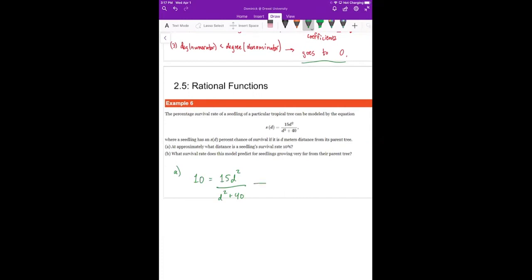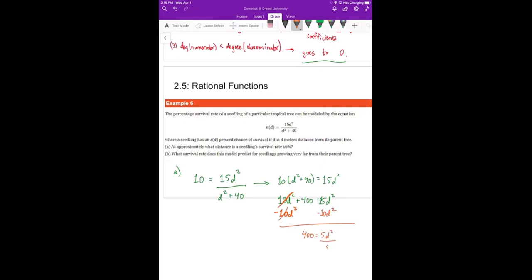So what we can do is multiply both sides by the denominator. We get 10 times D squared plus 40 is 15D squared. And then if we distribute, we have 10D squared plus 400 is equal to 15D squared. We'll subtract 10D squared. And then we get 400 is equal to 5D squared.